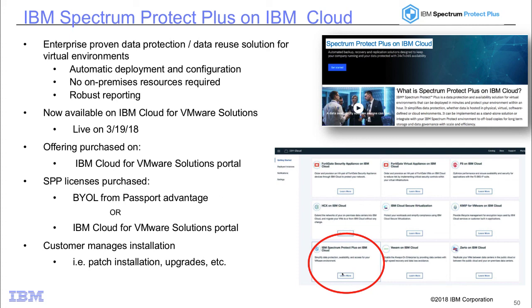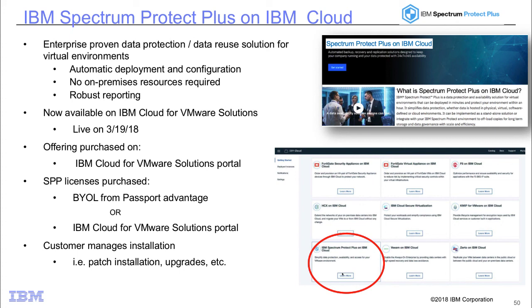So it provides automatic deployment and configuration of Spectrum Protect Plus with no on-premises resources required. This will be available on the 19th of March 2018 on the IBM Cloud for VMware Solutions portal.